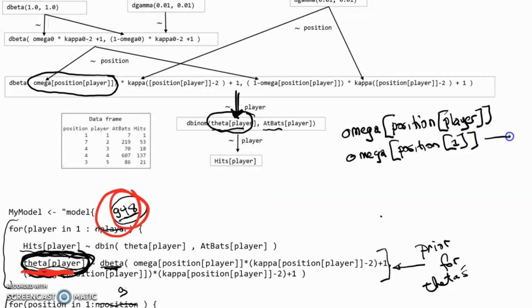But now let's look at this. Position for player 1. Let's look at our data. There's player 1, and there's the position. So effectively what we've got is omega 1, where position is equal to 1.